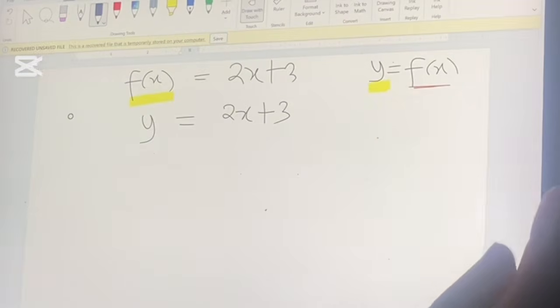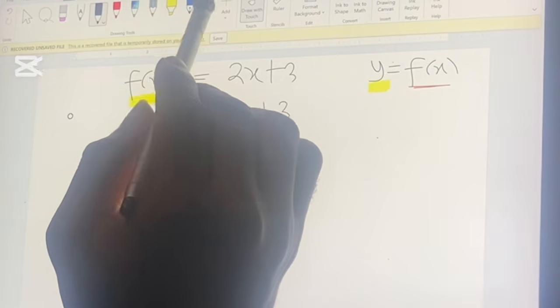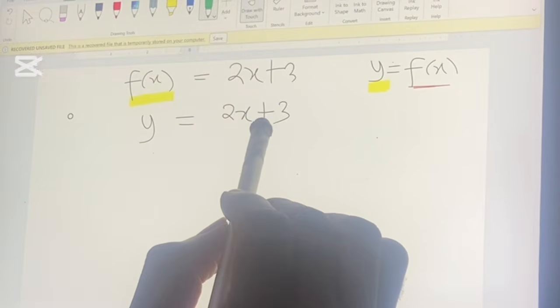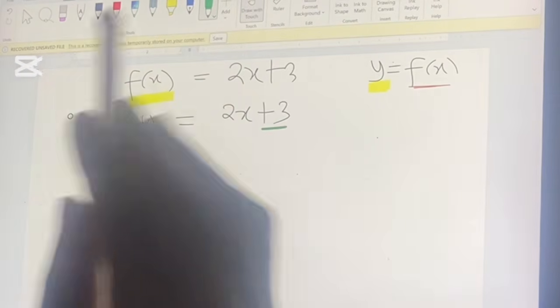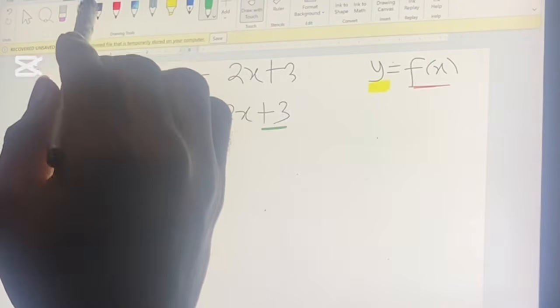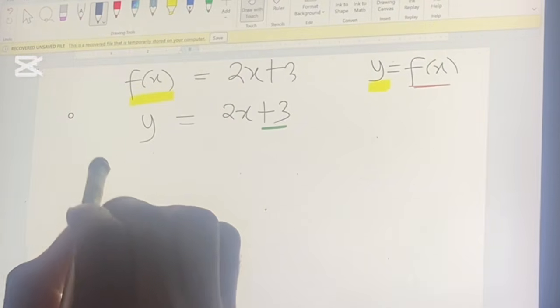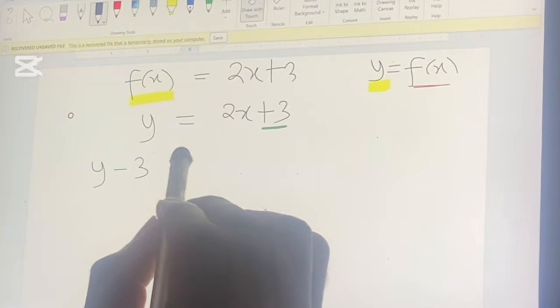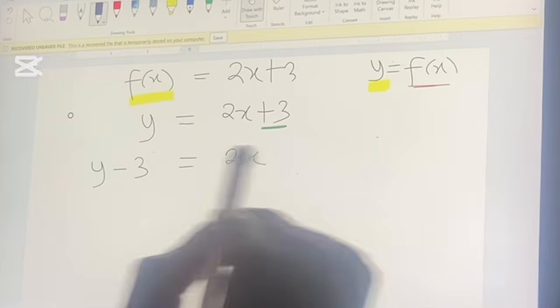So class, the next step is to make letter s the subject letter. I will move plus 3 from the right hand side to the left hand side, and I will have y minus 3 is equal to 2s.